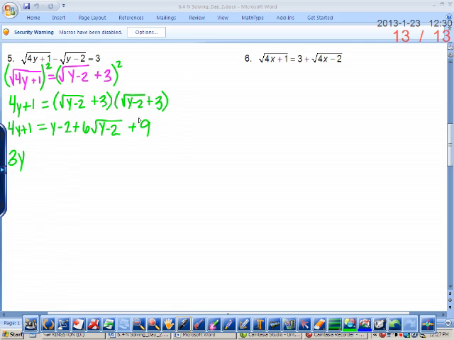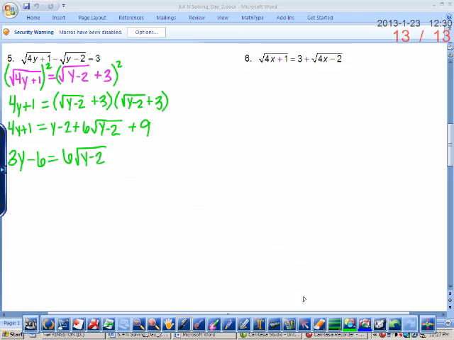Negative 2 plus 9 is 7. If I subtract 7, minus 6. While you are allowed to divide by 6 here, you're going to end up with a fraction on the left. And I know your love for fractions is not super strong. So in that case, go ahead and leave it over here for now.